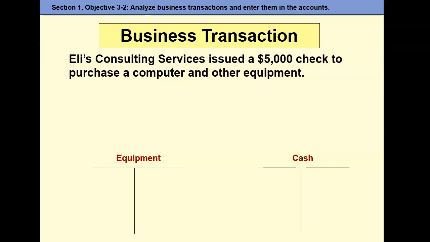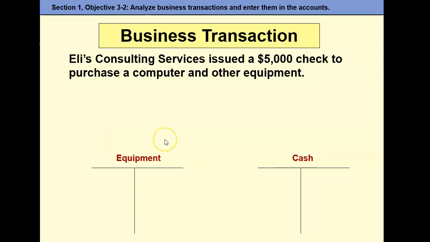Again, first thing you ask yourself, which accounts are involved in each of these business transactions? For this transaction, it involves the equipment account as well as the cash account. Now, you want to again ask yourself, did the accounts increase or decrease? The equipment account increases, whereas the cash account is going to decrease.